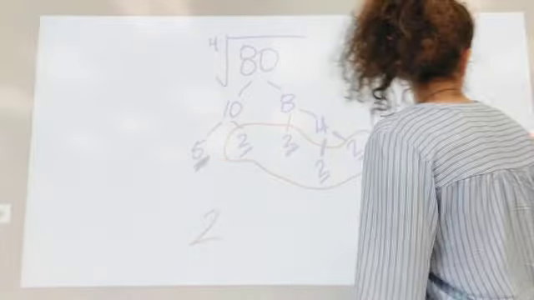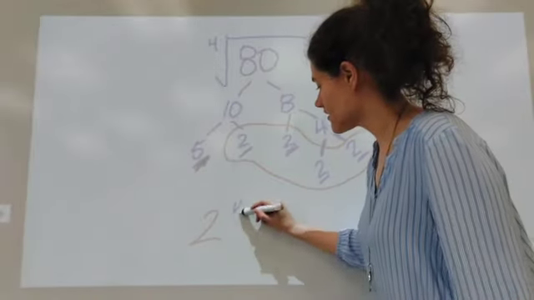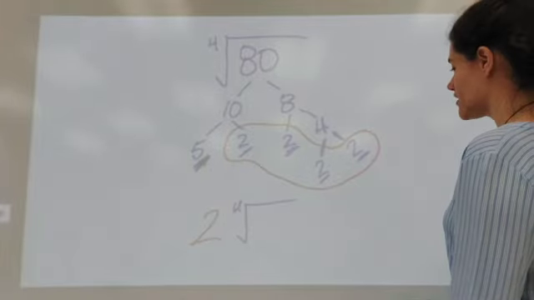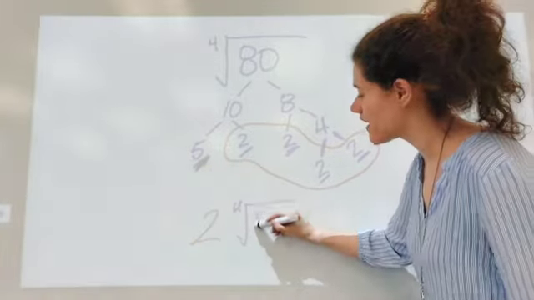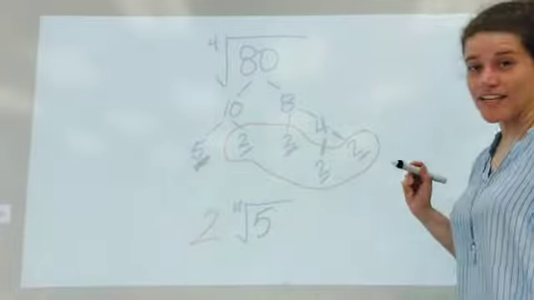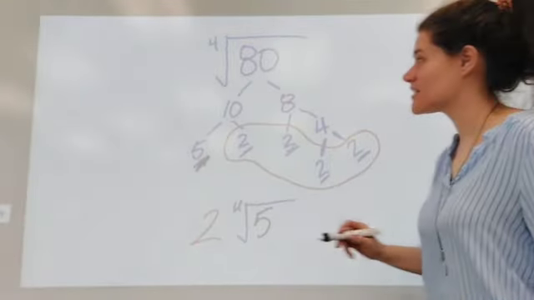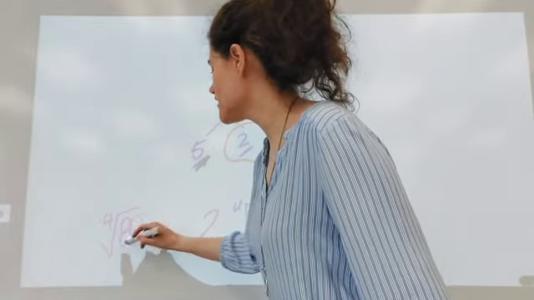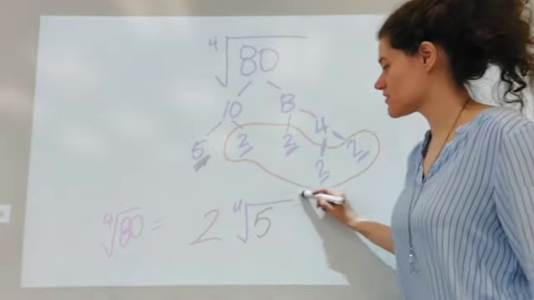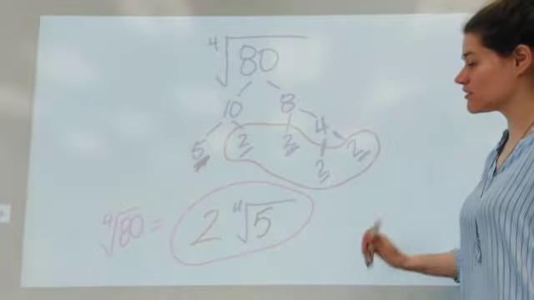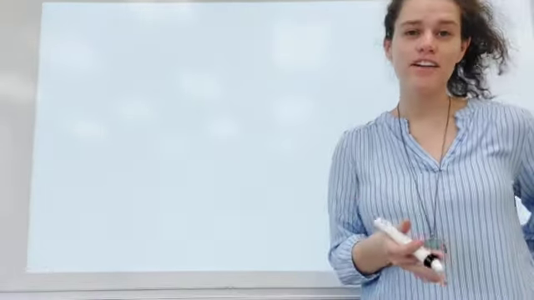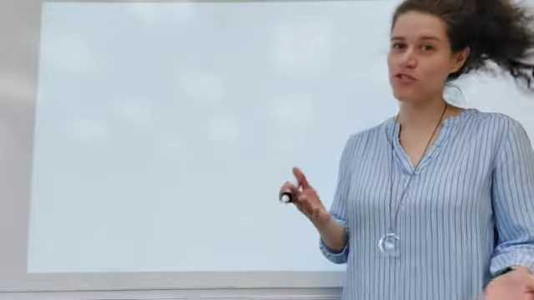And then this 5 right here does not have 3 other numbers that match it, so it is going to stay on the inside. So that means that the fourth root of 80 simplifies to 2 fourth root of 5. Let's look at a couple extra examples of some special circumstances that might come up.